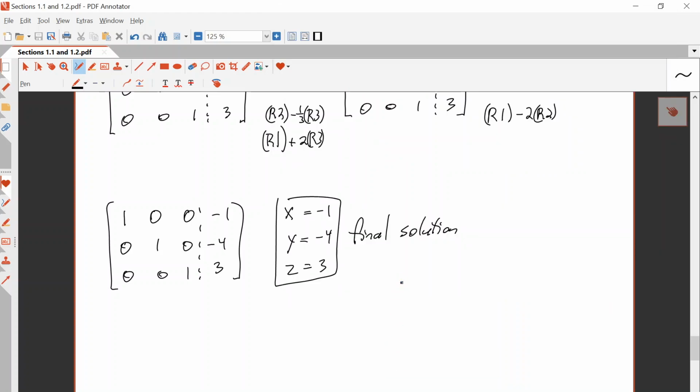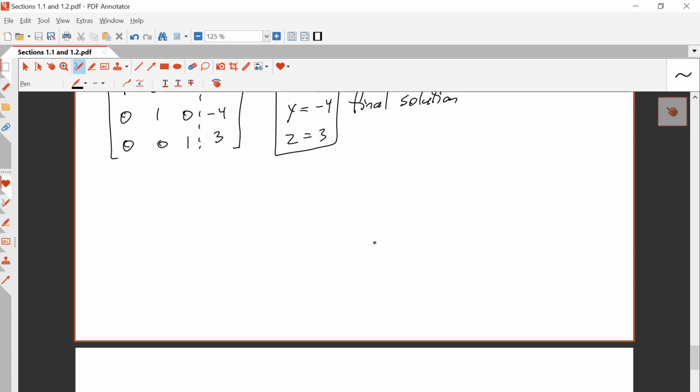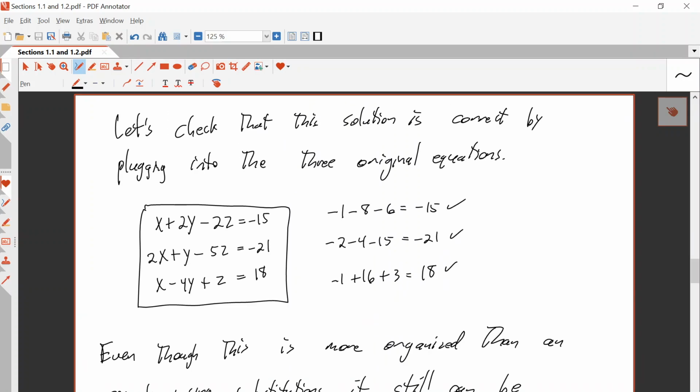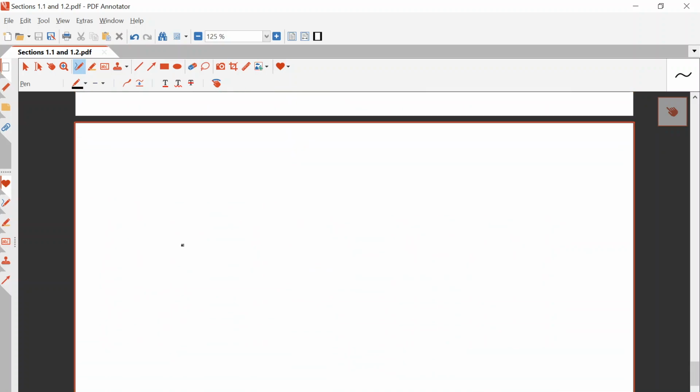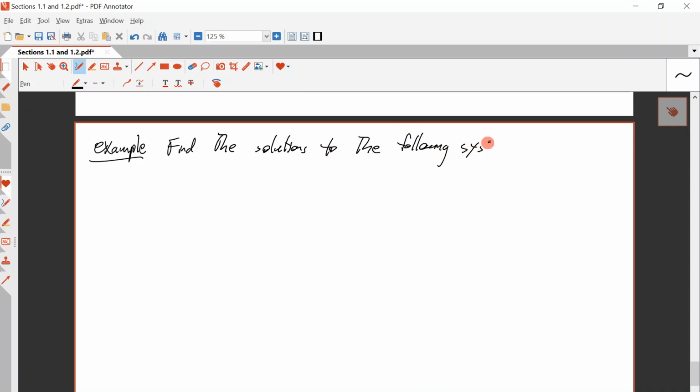Okay, let's look at another example of a system of equations. Find the solutions to the following system, if they exist.